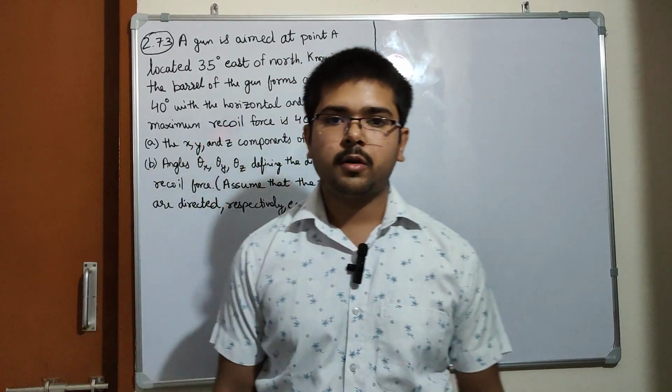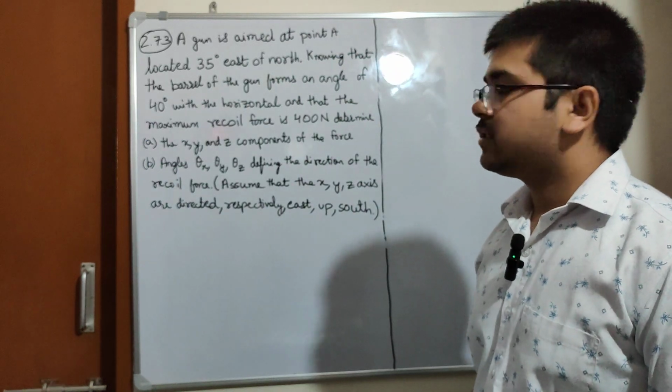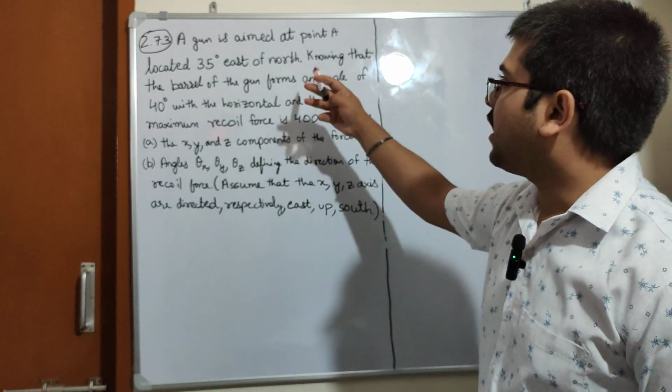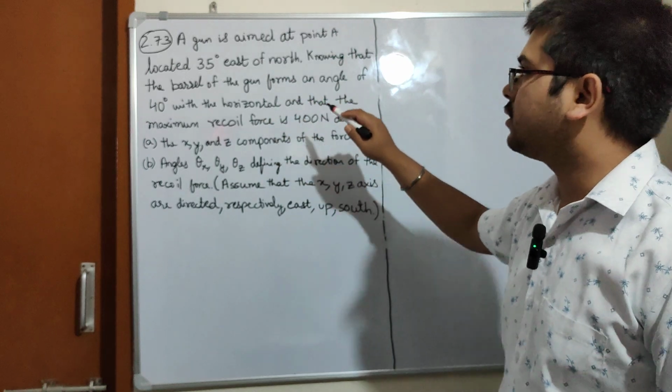Today we will be solving problem number 2.73, that is, a gun is aimed at point A located 35 degrees east of north.